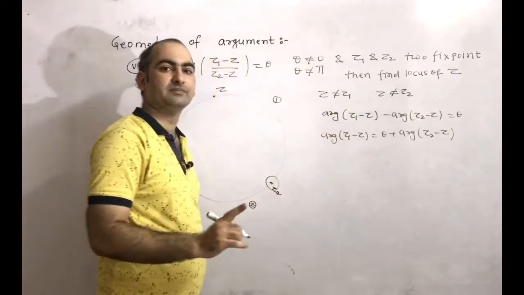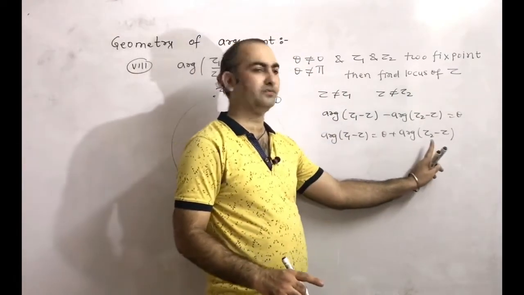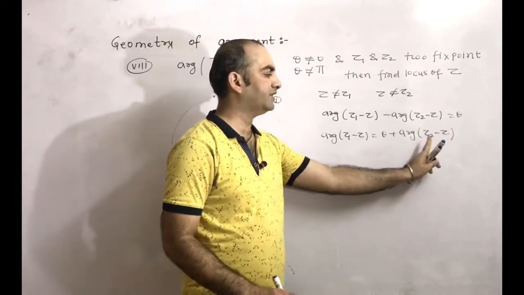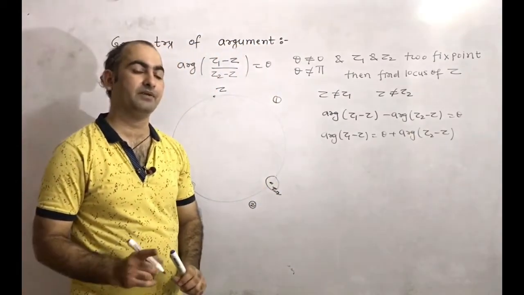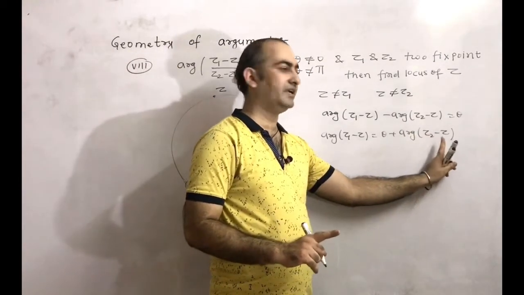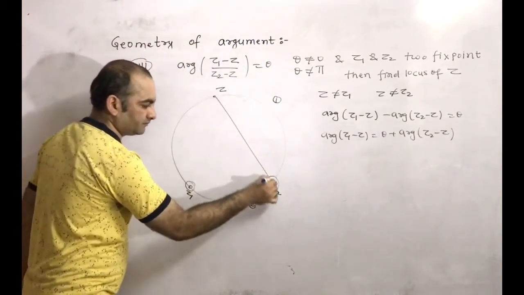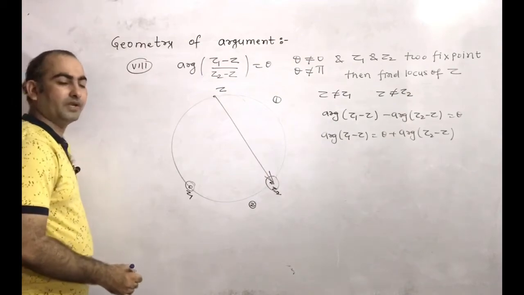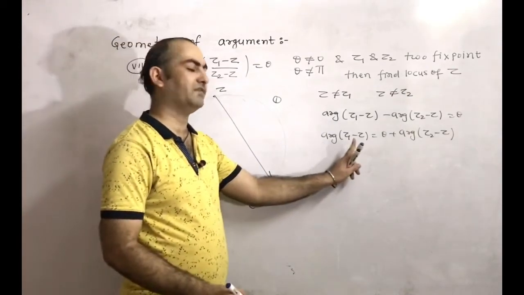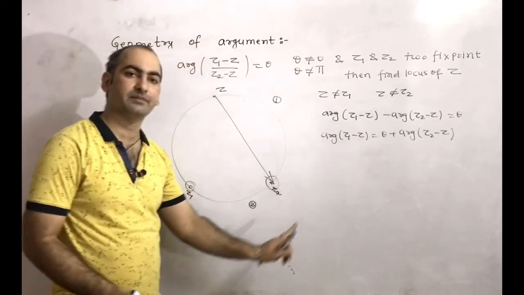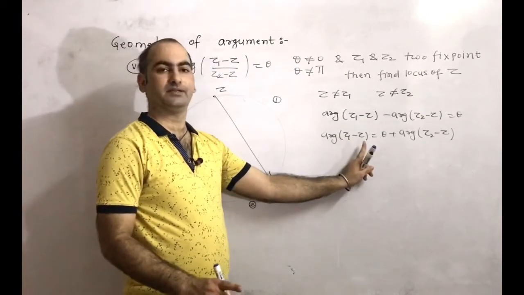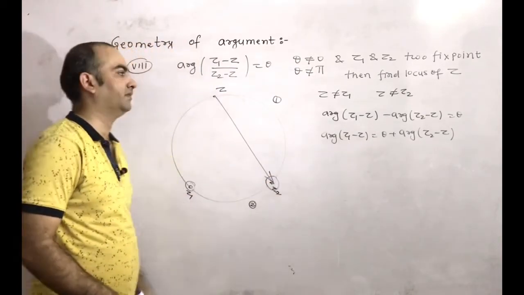Okay, so first we draw argument of (z2 minus z). It is a directed line segment joining z2 and z, with direction towards z2. So this will come. Next we draw argument of (z1 minus z). It is a directed line segment joining z1 and z, with direction towards z1. So this will come.